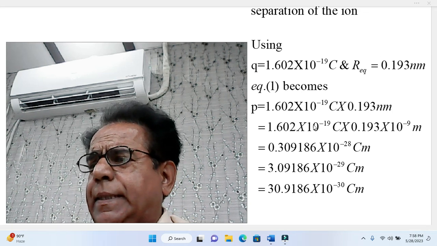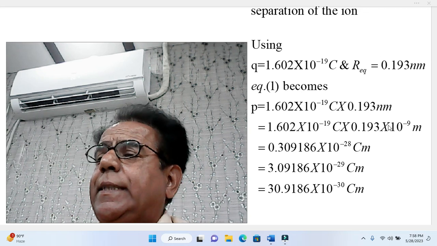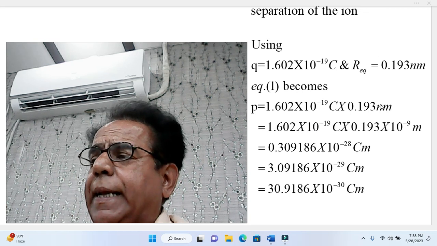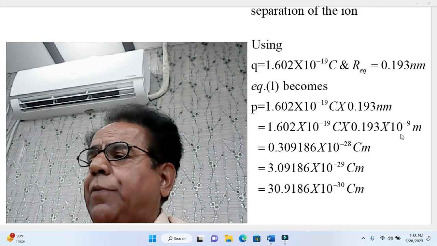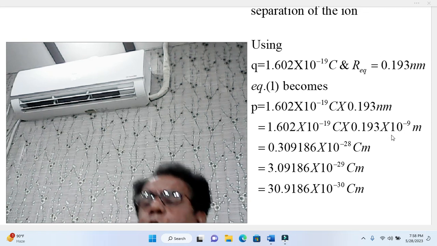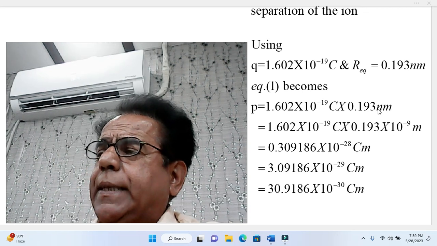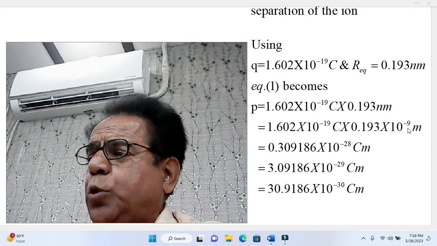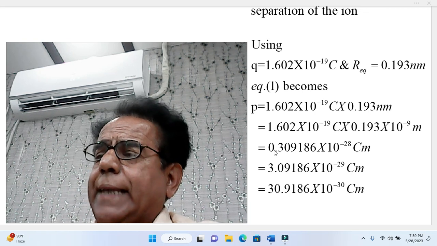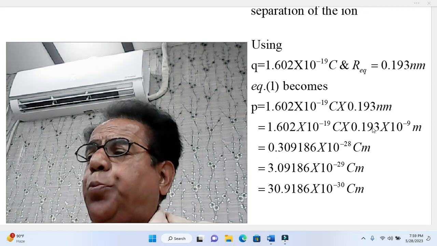In this step, we have replaced nano by 10 raised to the power minus 9, which we can do because nano is equal to 10 to power minus 9. So here n has been eliminated and 10 raised to the power minus 9 has appeared. In the next step we have multiplied 1.602 with 0.193.